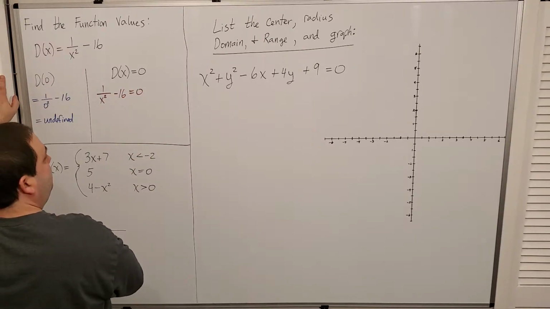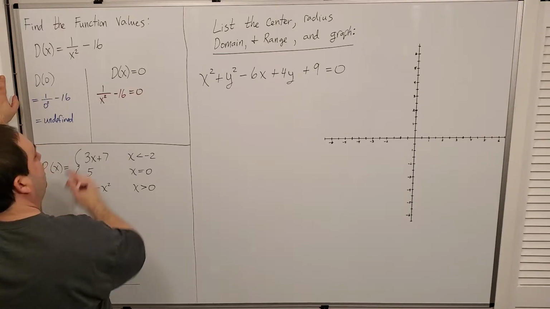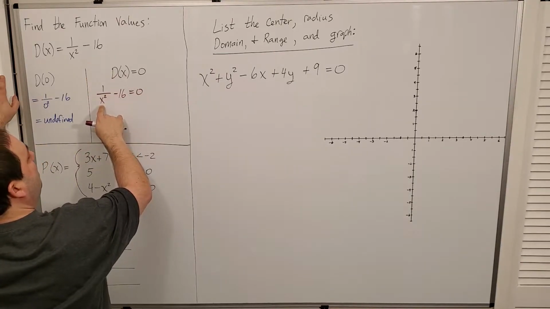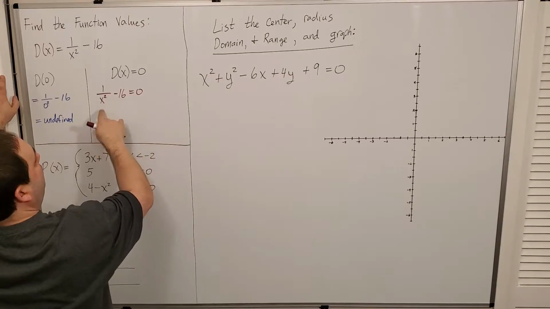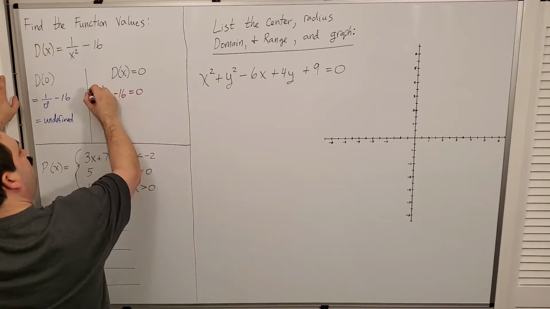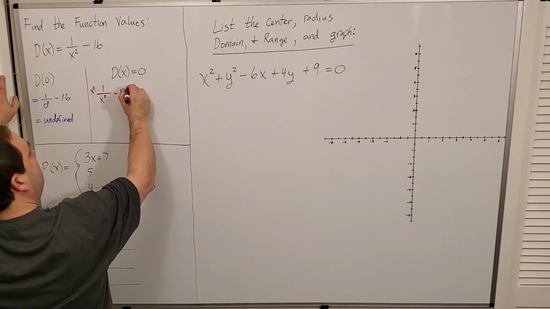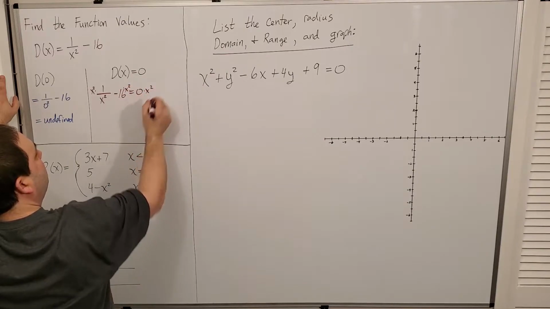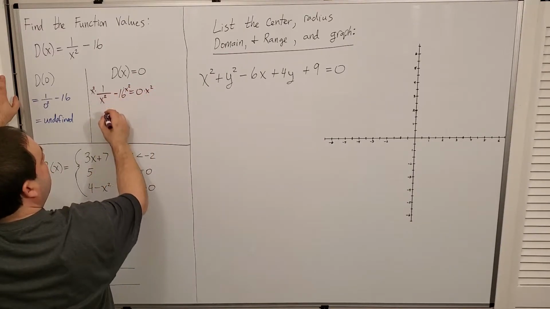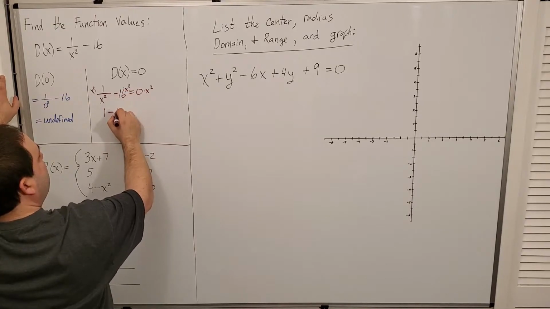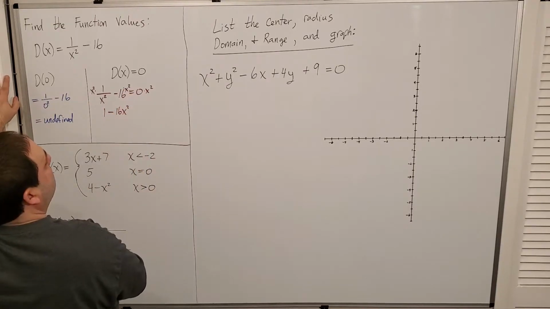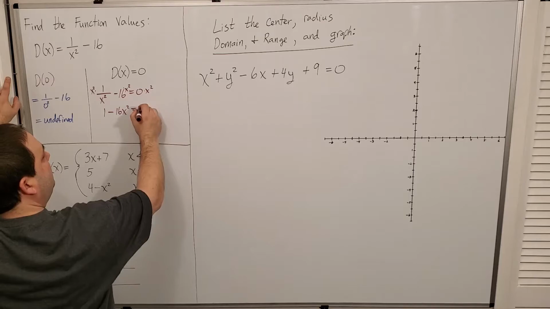And then, of course, to solve this, I'm going to multiply by the common denominator here, which is x squared. So if I multiply by x squared here, here, and here, I'll reduce this to 1. This will be 16x squared. And 0 times anything is still 0.